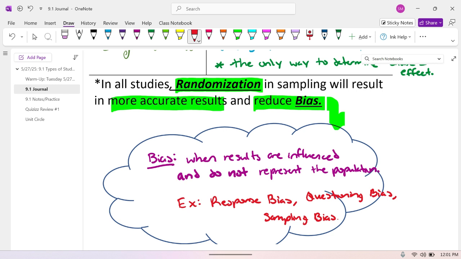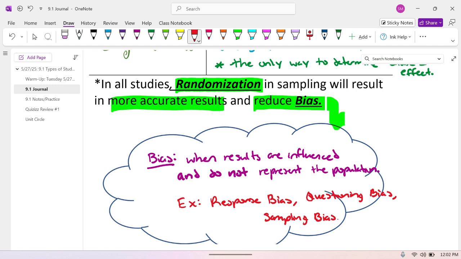All right. So that's what sampling bias is. You pick a sample of people that do not fit what you're asking, or that will answer a certain way. All right. So those are the different types of biases that we have to look into whenever we're creating surveys, studies, whatever we want.